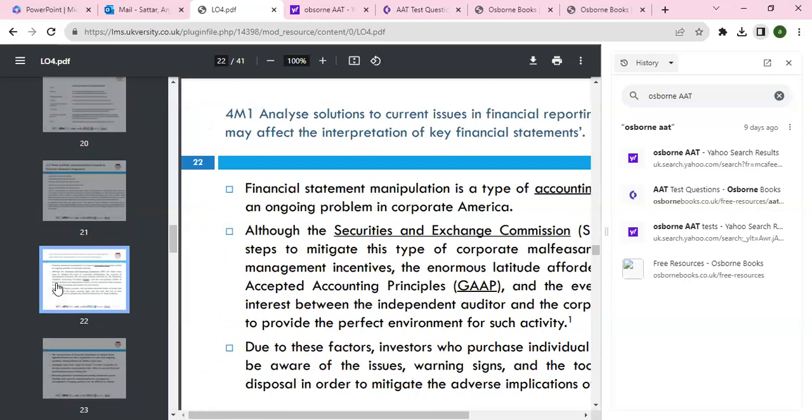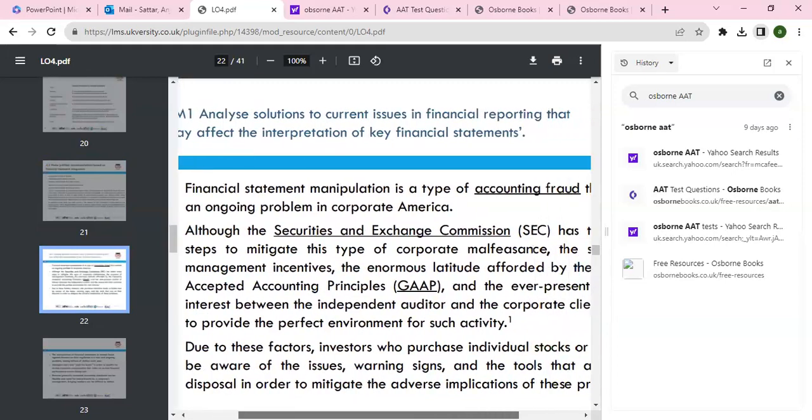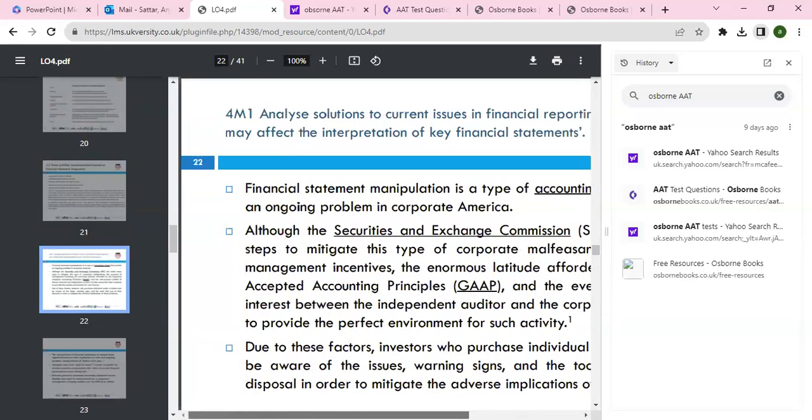If you want to look at the merit criteria, financial statement manipulation, the type of accounting, is an ongoing problem. Creative accounting is a big problem. Enron, at the moment, is a big part of the history of scandals. So we can trust financial ratios up to some extent, but we can't rely on them.